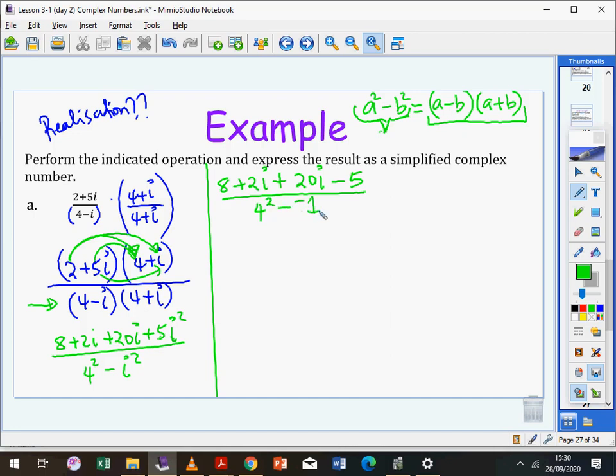So simplifying the numerator, 8 minus 5 gives me 3. 2i plus 20i gives me 22i. 4 squared is 16 minus negative 1, so 17. So I end up with 3 plus 22i divided by 17. I have written this complex number without an imaginary part in the denominator. I've made the denominator a real part.